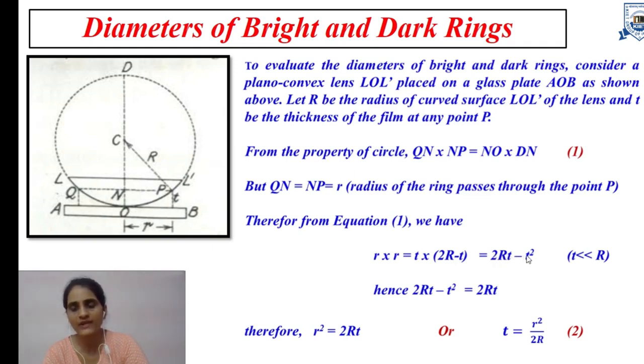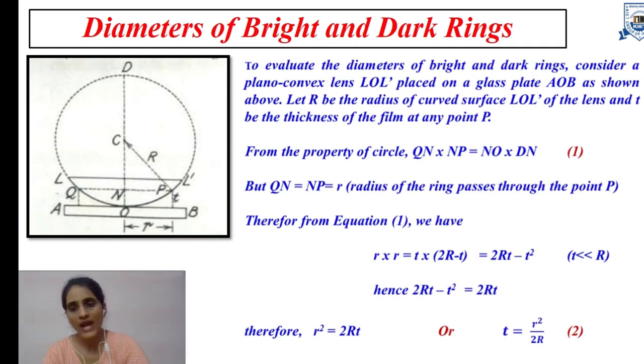minus t square. The radius of curvature of the plano-convex lens is a very high value in comparison to the thickness of the rings. So small t, which is the thickness of the ring, is very small in comparison to the radius of curvature of the plano-convex lens.